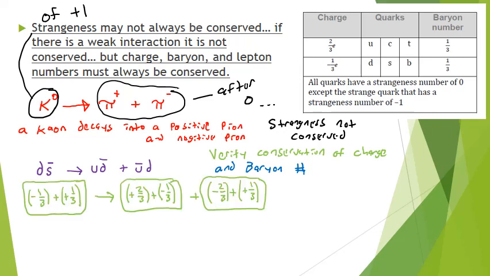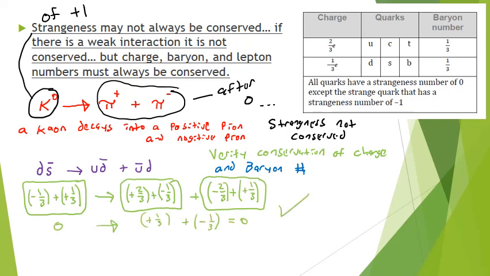We have the down quark, which is negative 1/3, plus the anti-strange, which is positive 1/3, and then the up quark, positive 2/3, plus the anti-down quark, negative 1/3. And then we have the anti-up quark plus the down quark.